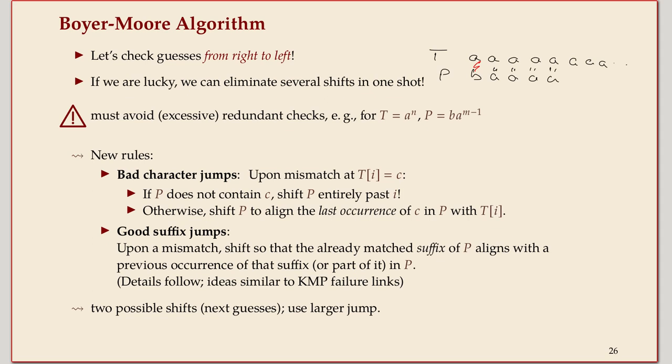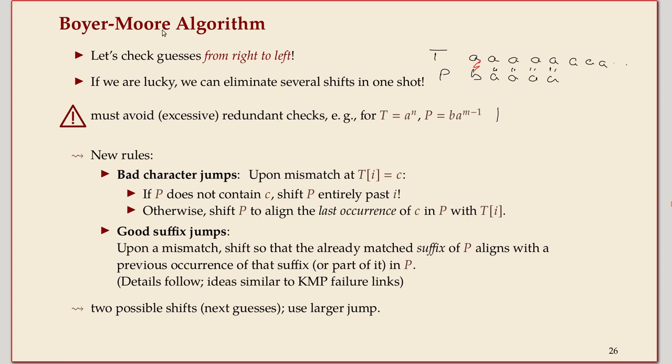Unless you put in more effort, you cannot say that all of those positions also can't be a match. That would need the insight that B is not A, which was the other character. Okay, so this is a bit unclear in argument. But if you do it stupidly, such inputs can be dangerous. You might redo the checking from right to left for every position. So you would definitely like to avoid that.